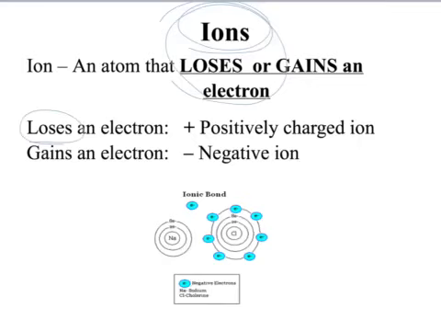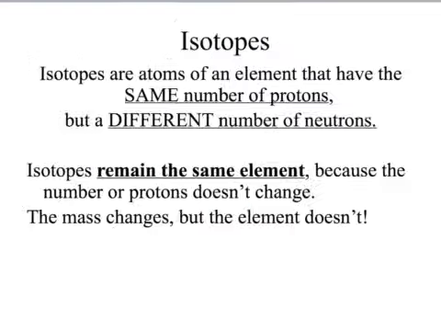If you lose an electron, then the atom becomes positive because you lost something that was negative. Kind of like if you lose a negative brother, the town becomes more positive. Now, if you gain an electron, since electrons are already negatively charged, if you gain an Elliott brother, a negative brother, then the town becomes negative, so the atom becomes a negative ion.